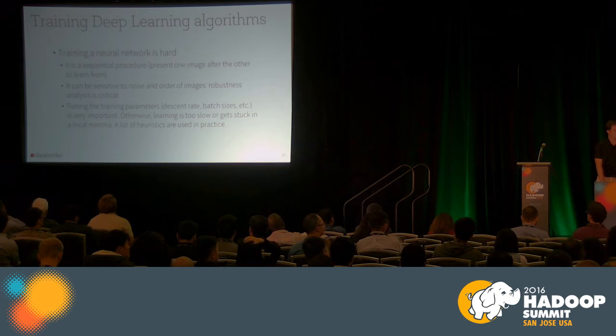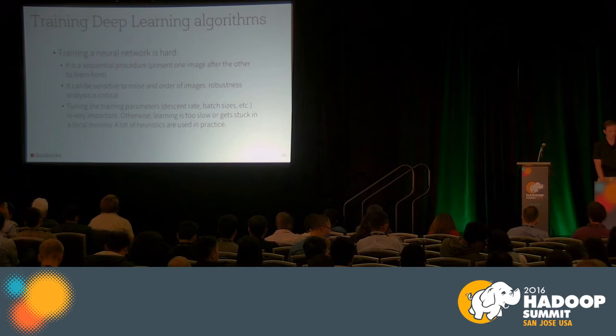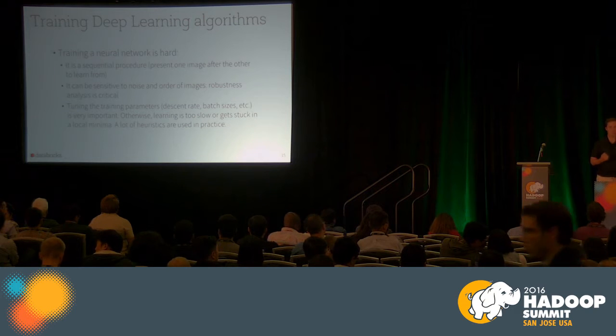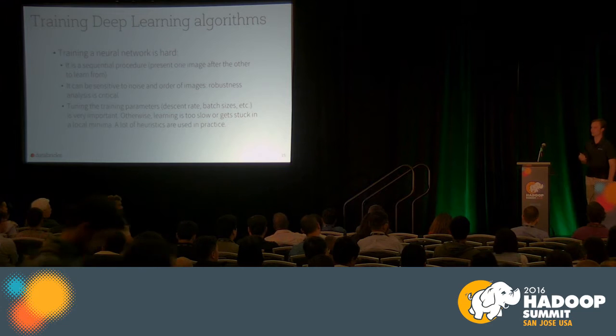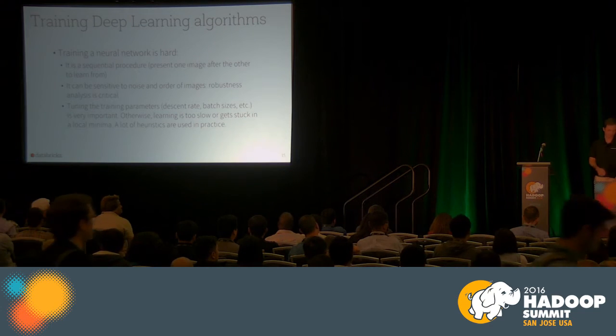But mostly, I think that the most important fact about training deep neural networks is that you need to tune for an extensive amount of time the parameters that you use during the training.